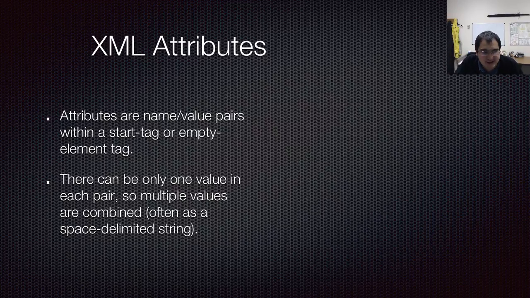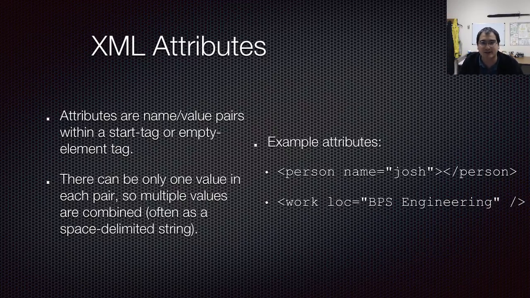But I think that's a detail that we're not really going to be going into here. Some example attributes are, in this person element, name maps to Josh, and location maps to BPS and engineering in this work tag.